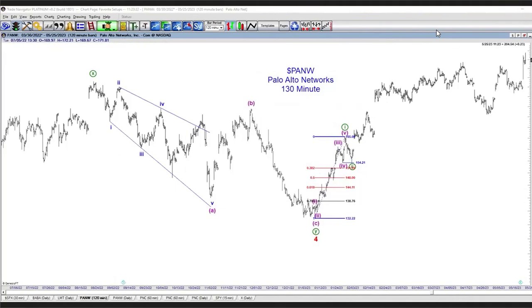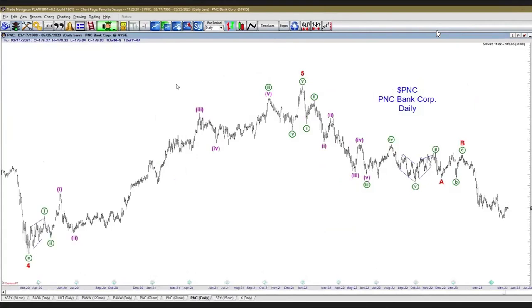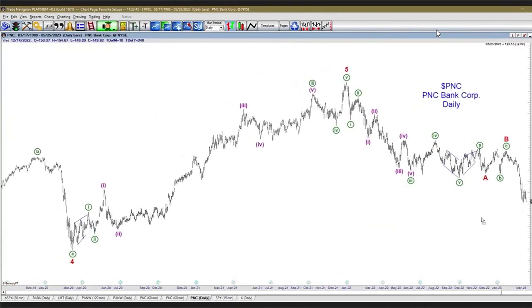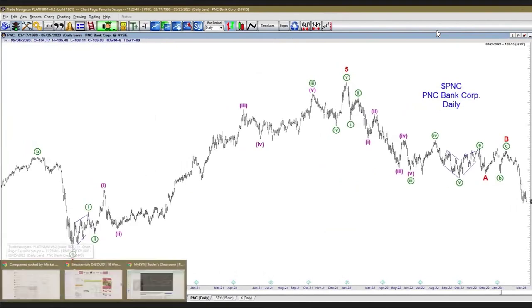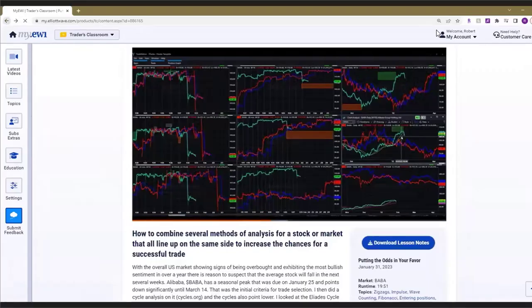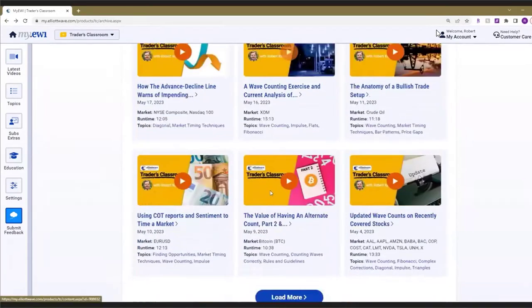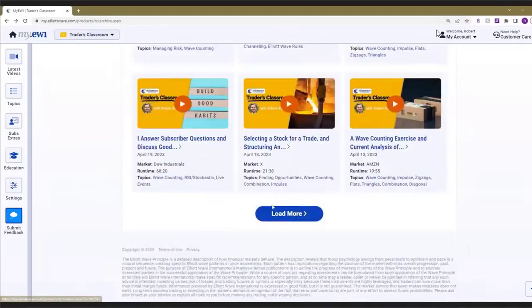All right, so let's look at the next chart, which is going to be PNC. All right, so this one was interesting because it really preceded what has become the regional banking crisis that developed.